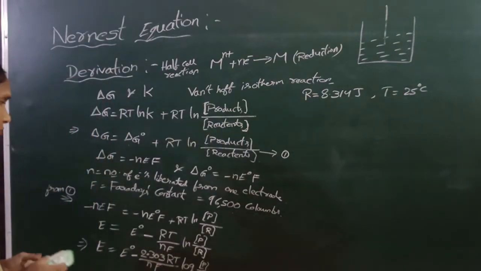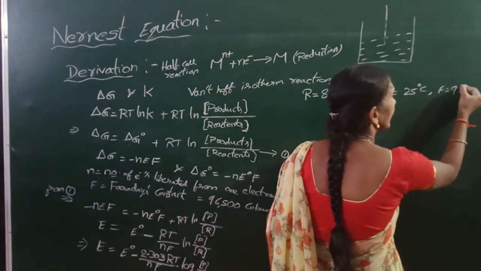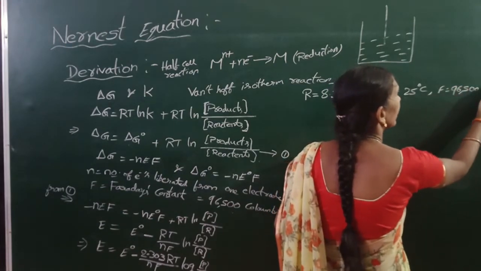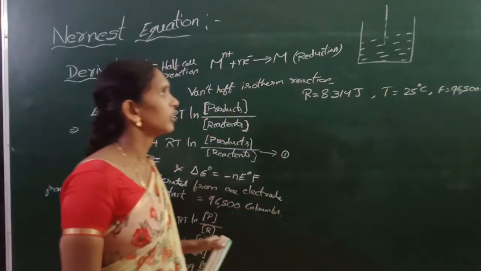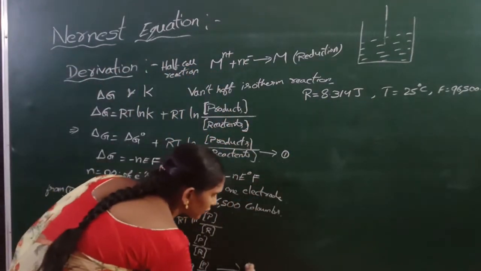And one Faraday is equal to 96,500 coulombs. These values are substituted in this equation.